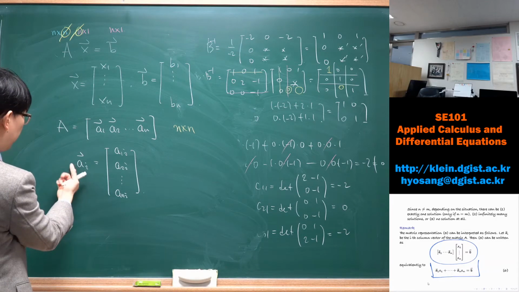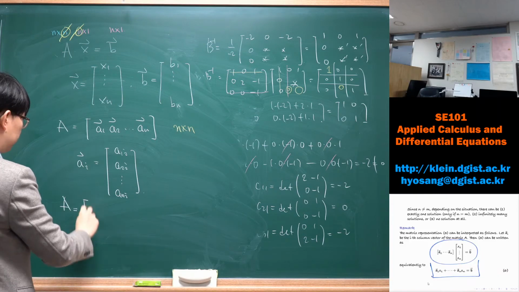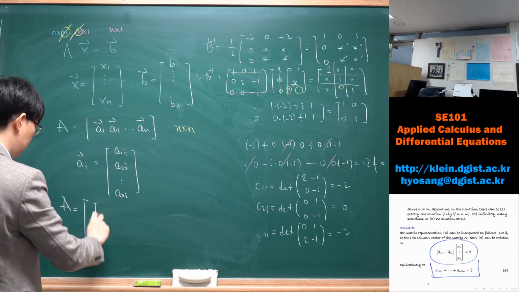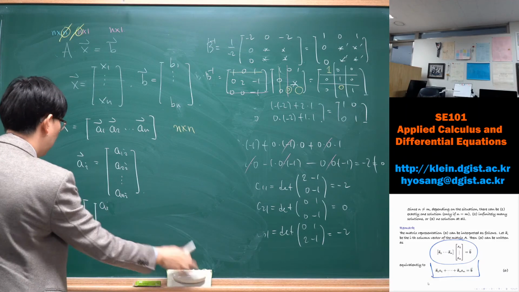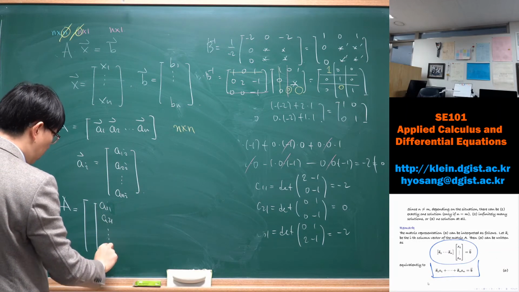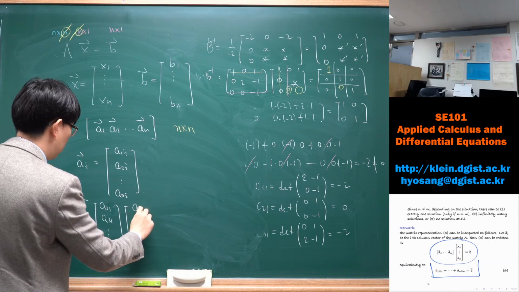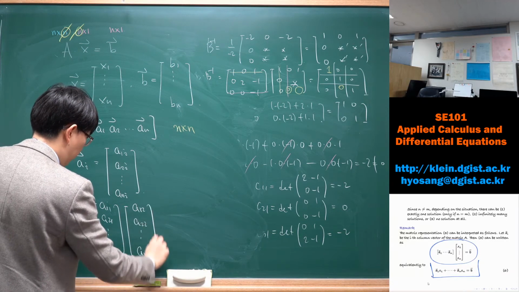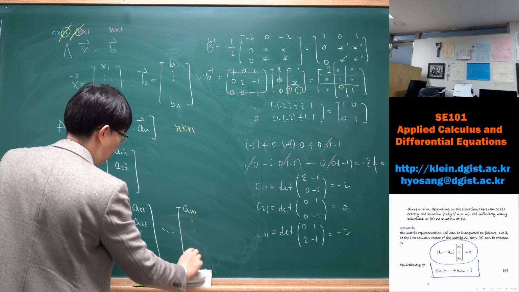So if I use these notations, it seems like I'm taking the matrix inside of matrix, right? So this A1 vector is A11, A21, and AN1, and here is A12, A22, AN2, and so on until I get A1N, ANN.